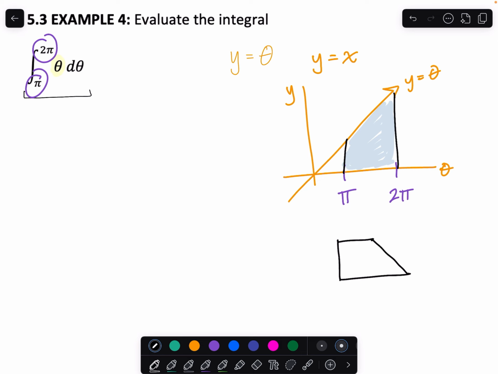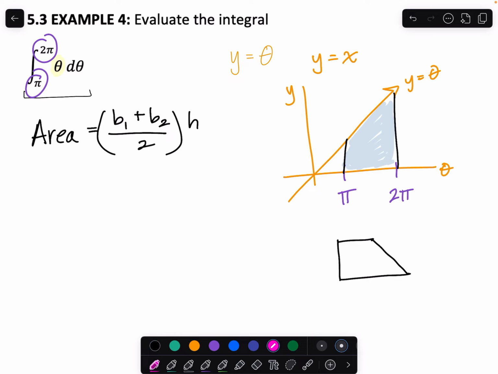Now, the area of a trapezoid is a regularly known formula. Area is the average of the bases, so b sub 1 plus b sub 2 over 2 times the height. Essentially, it's the area of a rectangle, but we're averaging those two bases.